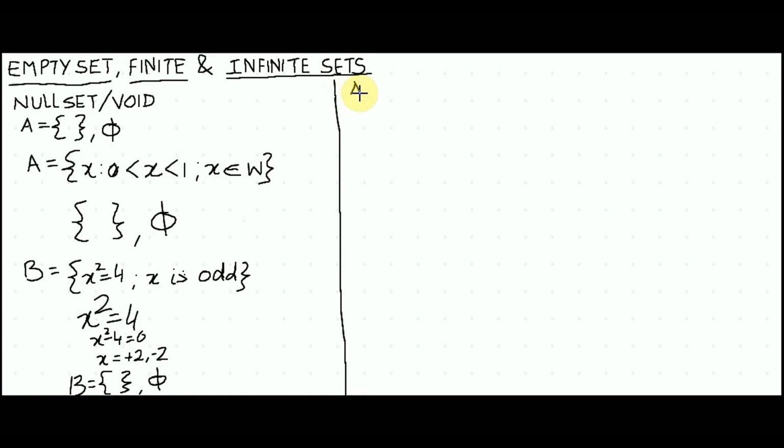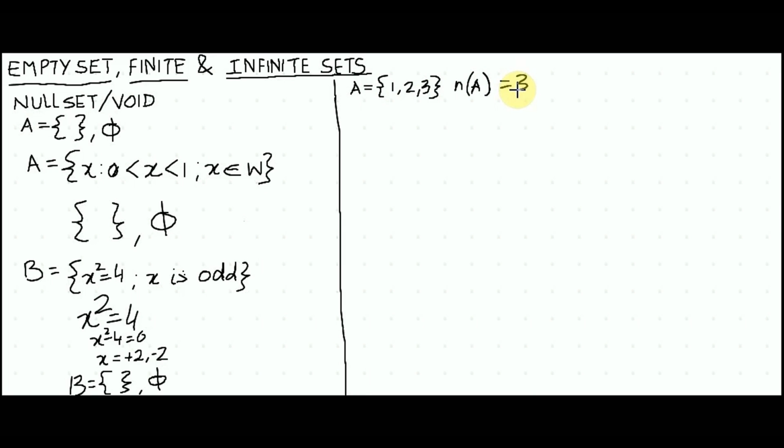Suppose I have a set A which contains the elements 1, 2, 3. As we can see here, the number of elements in A is 3, which is a finite number. So we can say that A is a finite set.